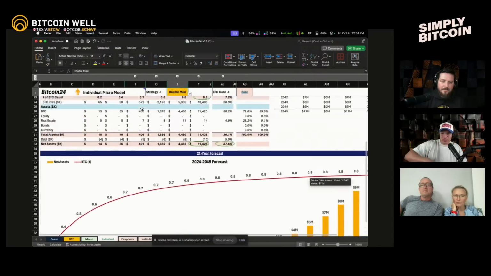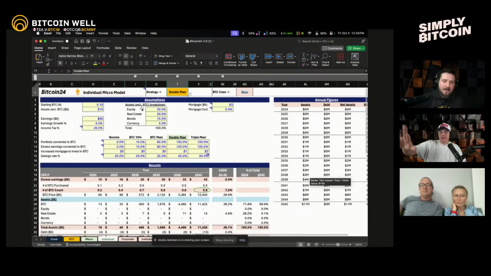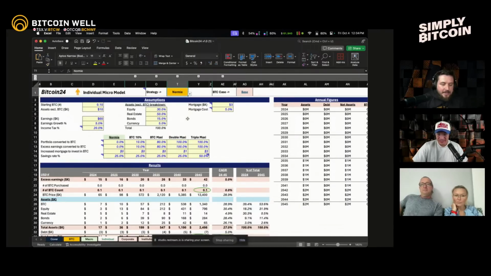Okay, now do the normie strategy. I'm just doing it for the audience. Let's do the normie strategy. So the normie strategy basically infers that you are not going to be adding any more of your portfolio or any more of your excess earnings into Bitcoin, meaning you just buy 0.1 Bitcoin and you sit on it.